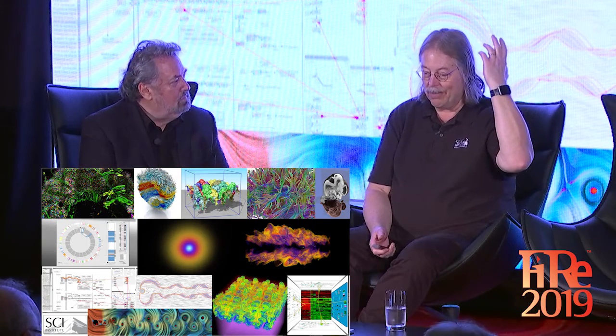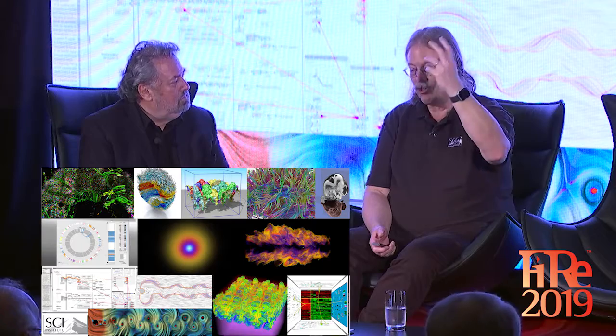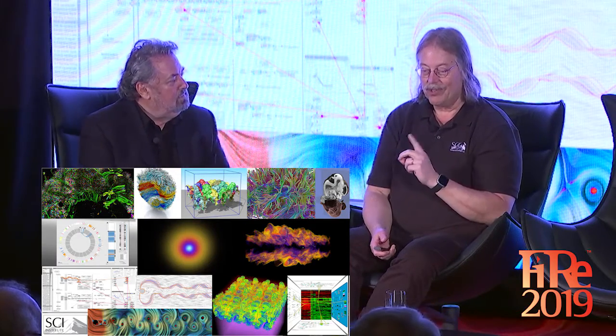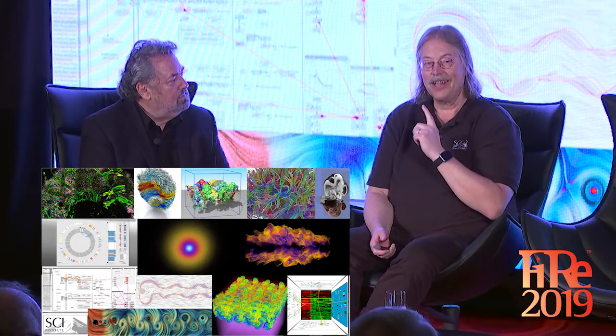However, if you look at all of these visualizations in back of me, and they're from stellar magnetism and combustion and diffusion tensor imaging and genetics, cancer genome genetics, drug pathways, there's only one of these visualizations that has a depiction of associated error and uncertainty.